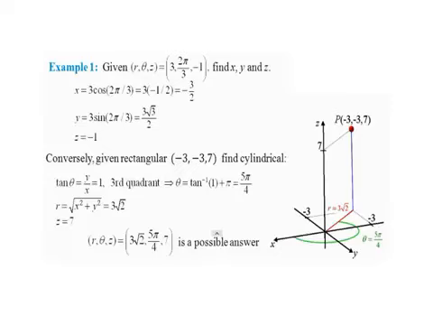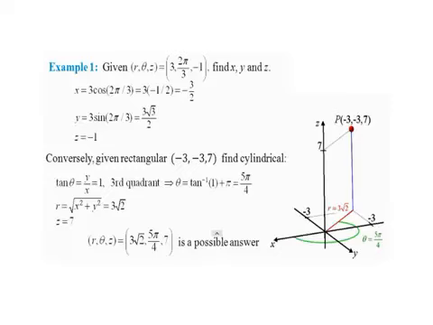Y equals 3 sine 2 pi by 3 equals 3 square root 3 by 2, and z equals minus 1, which remains the same in both coordinate systems. So the required point x, y, z is minus 3 by 2, 3 square root 3 by 2, minus 1, as shown in the figure.